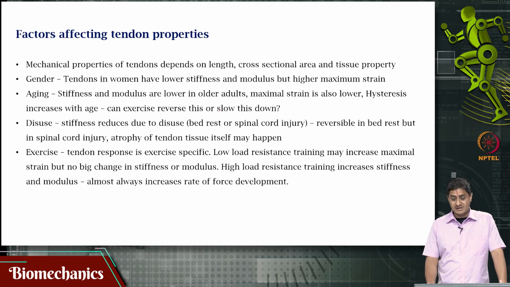Then the cross sectional area of the tendon also affects the properties, and so does the health and property of the underlying biological tissue itself. Some factors that are usually discussed in these kinds of discussions are gender, aging, disuse, exercise.